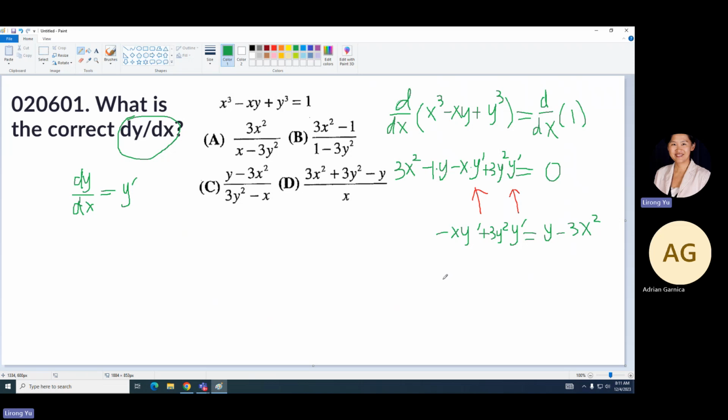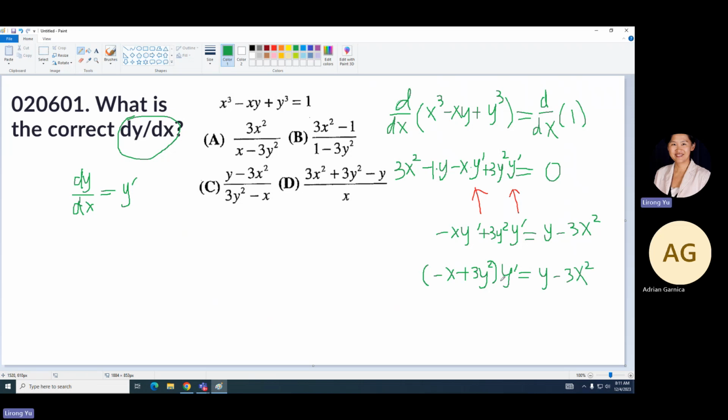Once we get there, we have the y prime factor. Without the y prime, these are the other terms.